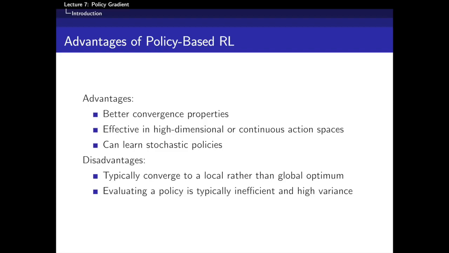So disadvantages. The main disadvantage is that naive policy-based reinforcement learning can be slower, higher variance and less efficient than value-based methods. I think the way to think of this is that value-based methods, when you use the max, are extremely aggressive. This max in one step is trying to improve your policy in the direction that absolutely pushes you all the way to what you currently think is the best policy.